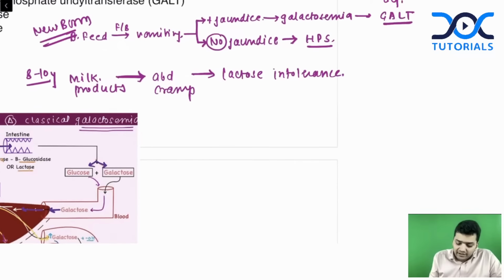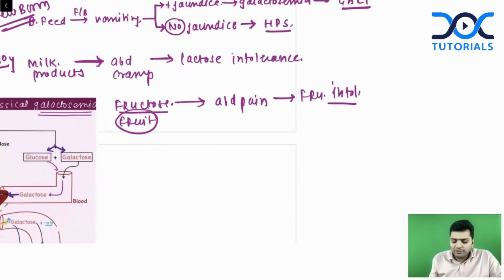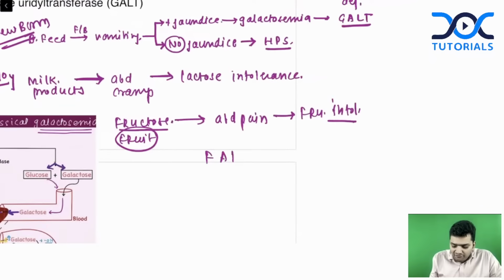If they say fructose, meaning the fruits are creating the problem, when the patient is eating the fruits he's having abdominal pains, it is hereditary fructose intolerance. And do you know what mnemonic we discussed? Fab gut.